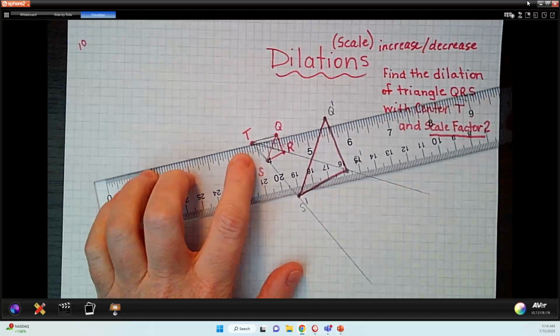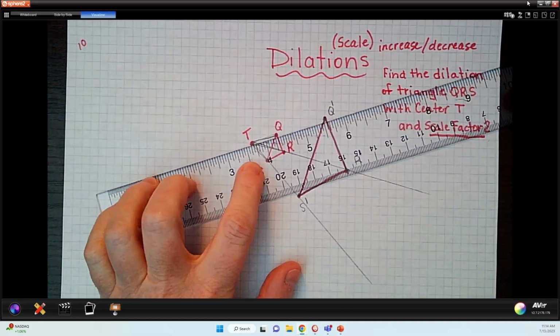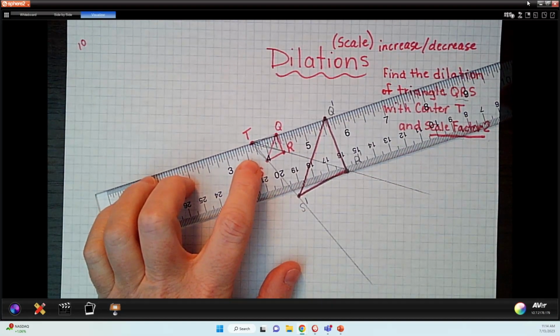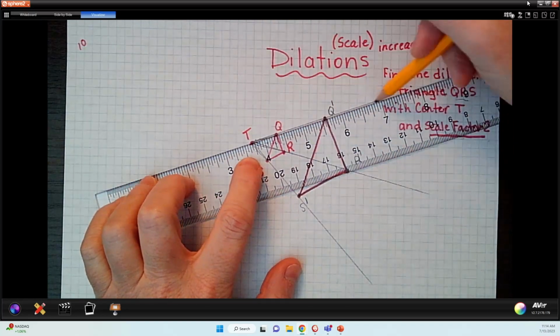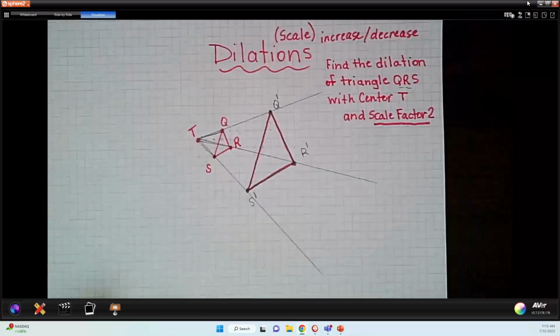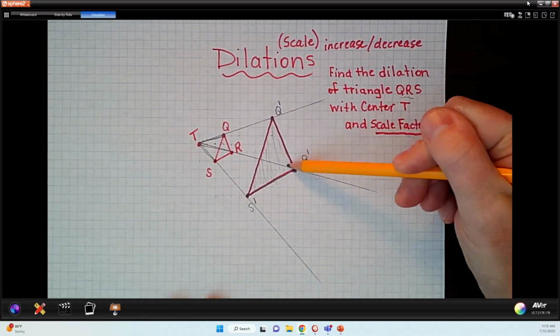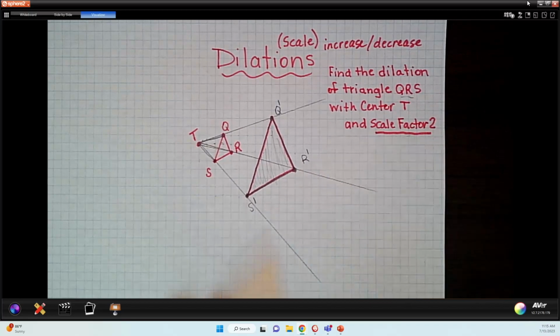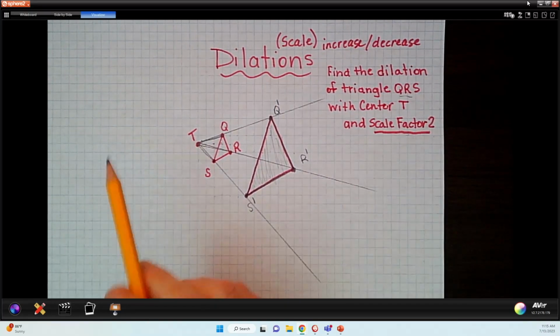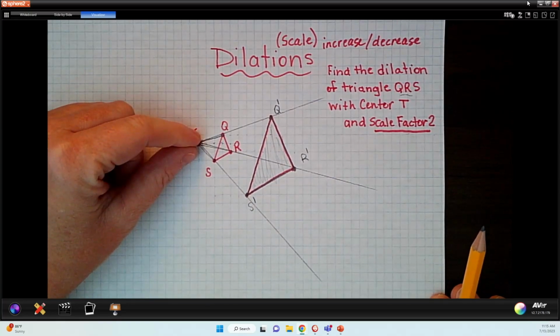And then T to Q to copy of Q, same thing, line it up as nicely as I can, and it makes this nice straight line. So what we have done is we've just created this copy of QRS using a scale factor of 2 with a point of dilation, which is going to be outside of the shape.